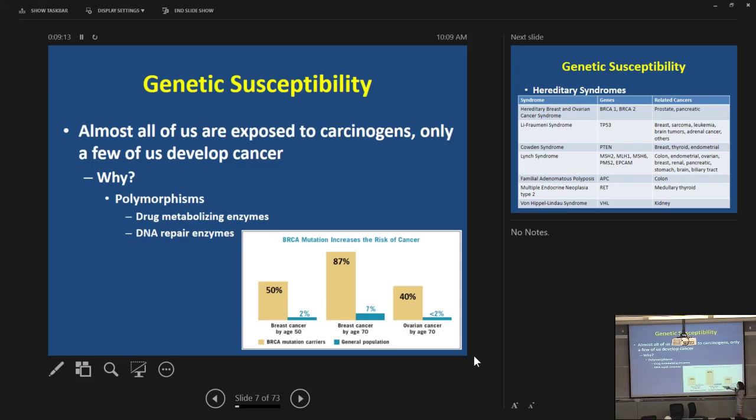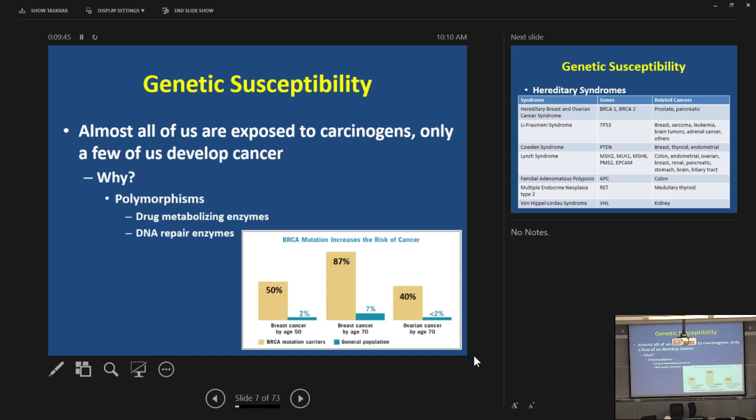All right, so you can see their risk of developing breast cancer by age, right? So by age 50, if you have a BRCA mutation, you have a 50% chance of developing breast cancer. By 70, it almost doubles, right? And then you see here for ovarian cancer, and that's compared to the general population. So you can see how this mutation will put people at risk for cancers, right?